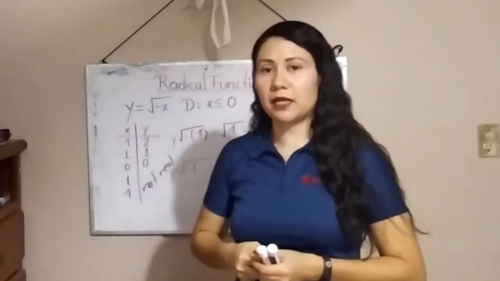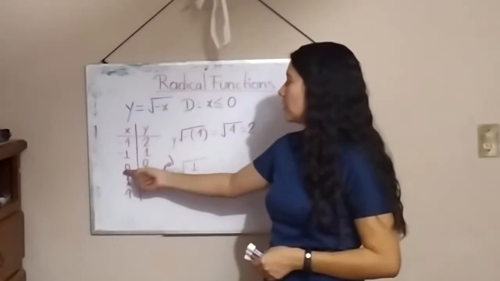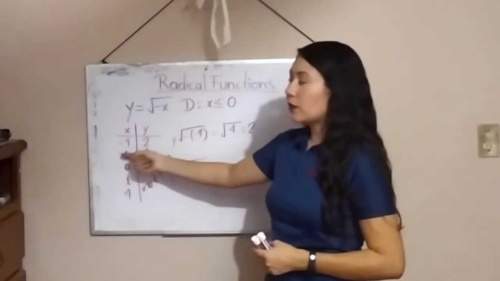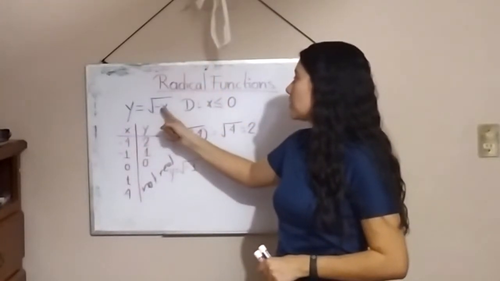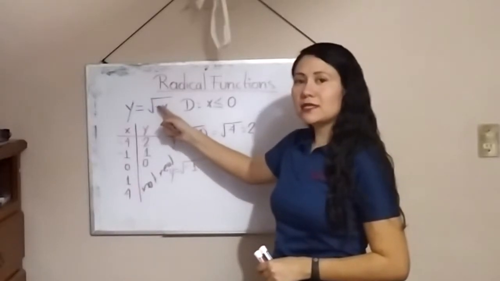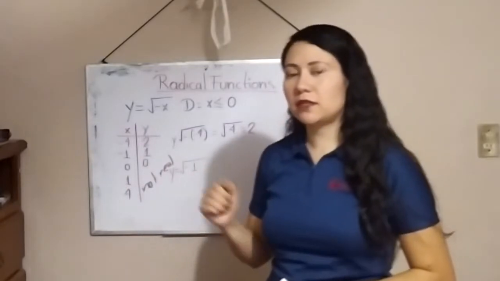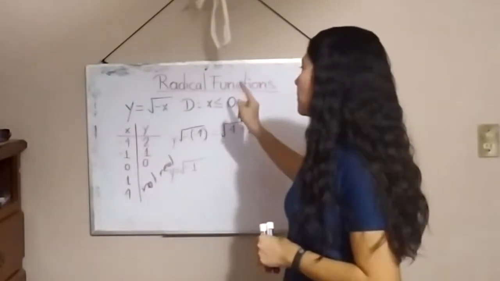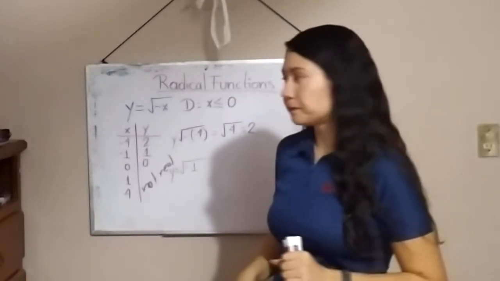That would be our domain, because we can have 0 as the value of x, we can have -1, and we can have any negative value. Why? Because when we multiply it by this negative sign in the variable, we would get a positive number. That is the way we can find the domain of the function.